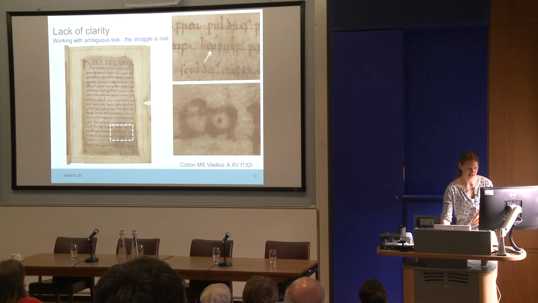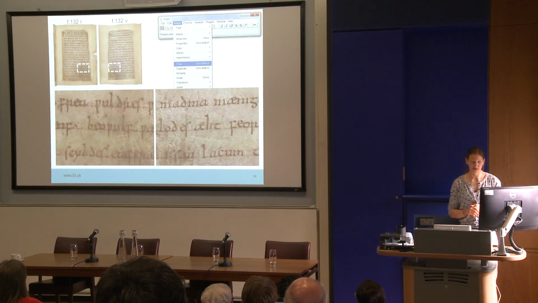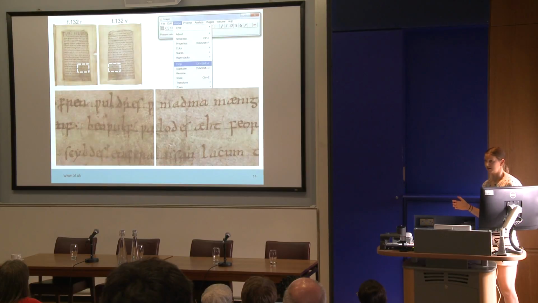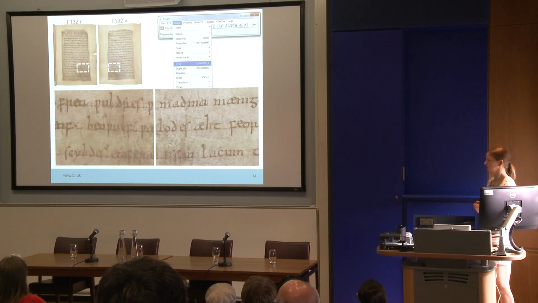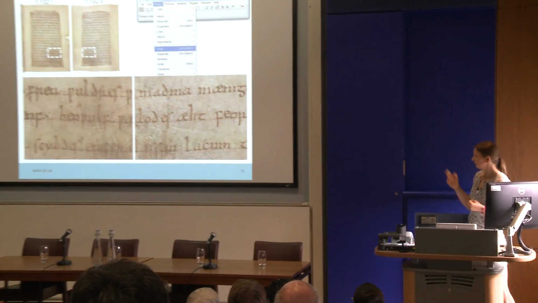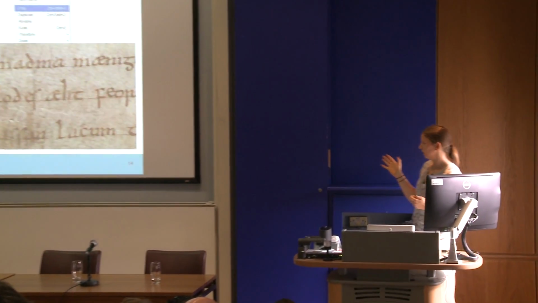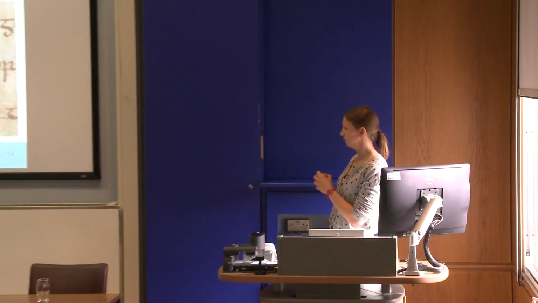So we can use ImageJ in this case. What it looks like is ink from behind. So how do we show that without just saying scroll to the next page, where it's very difficult to see in that side-by-side comparison? So we try and use this idea of stacks again. In this case, we take the recto and the verso and we crop it roughly where the two areas are.